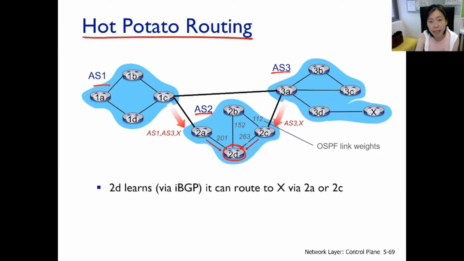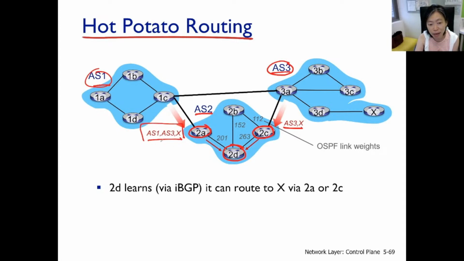So the router now in the limelight is 2D. 2D here actually sees 2 AS paths. One AS path is actually coming from 2C. 2C is the gateway router connecting to AS3, which it receives a path to X: AS3, X. 2A is the gateway router connecting to AS1, where AS1 is passing another AS path to AS2.